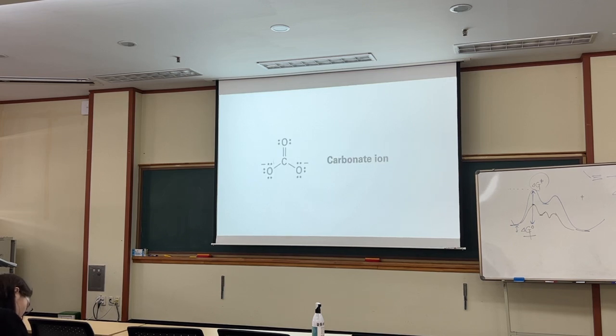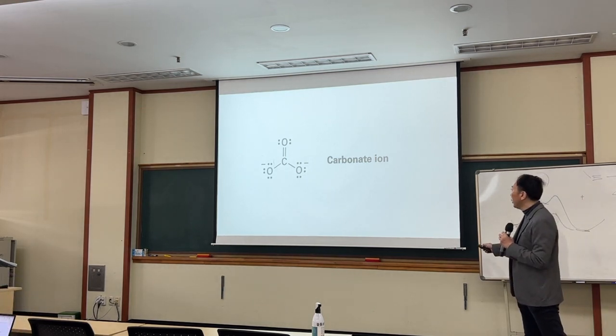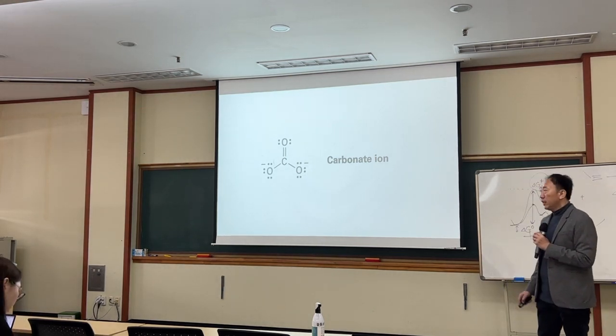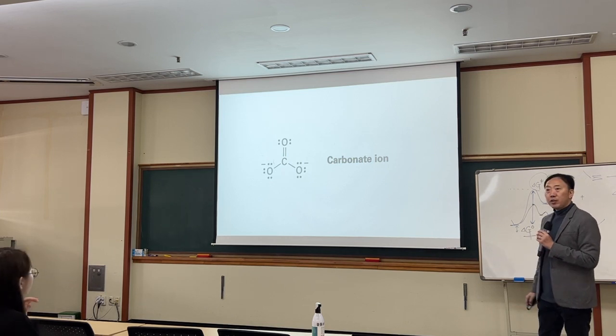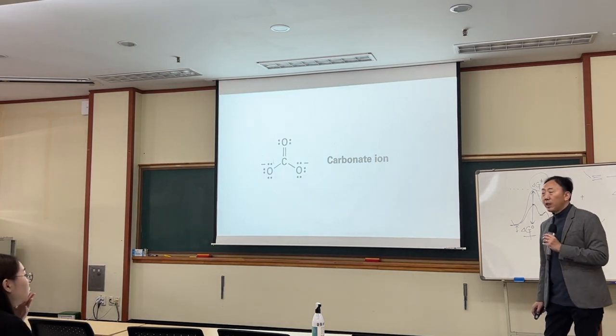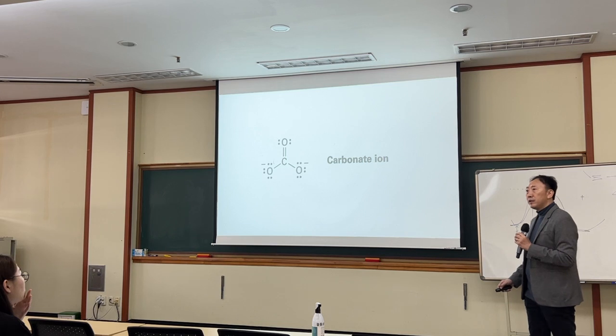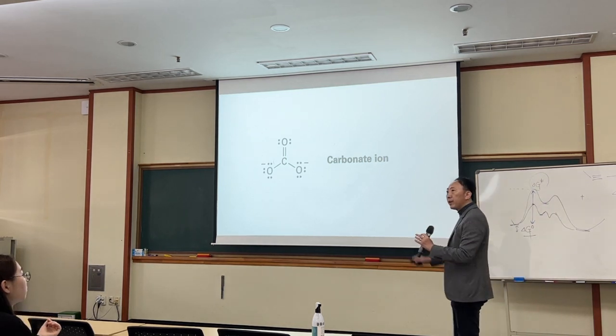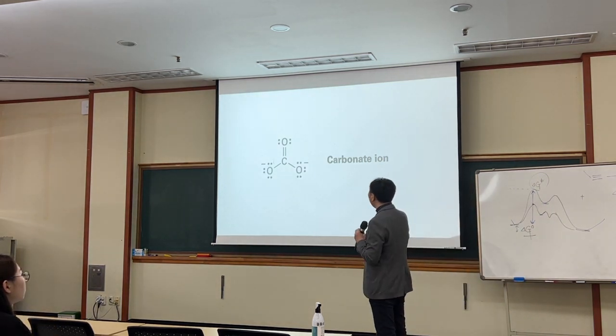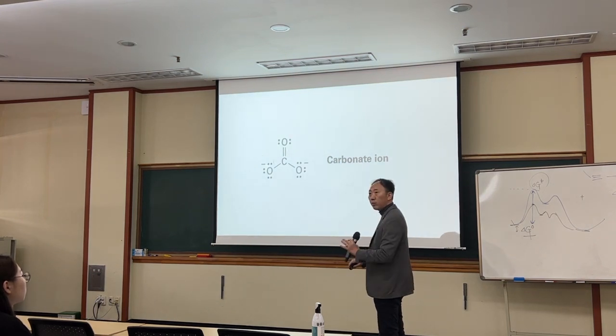So one double bond, connected to another atom. In this case, this is negatively charged. A pi bond, a double bond, means it's planar. This lone pair, these two bonds, and this double bond, all six positions should be planar.